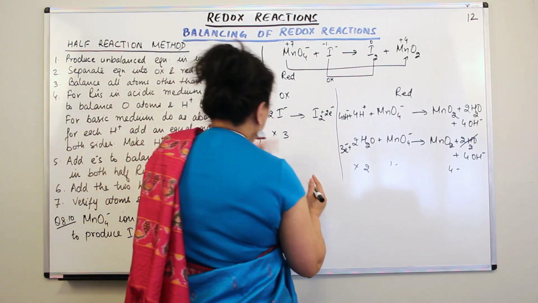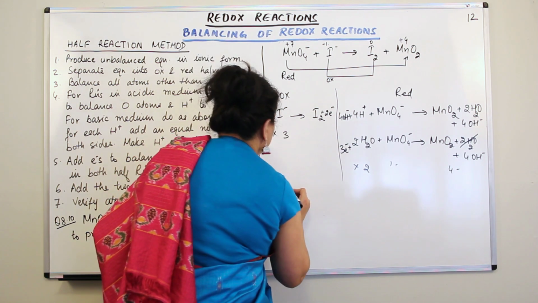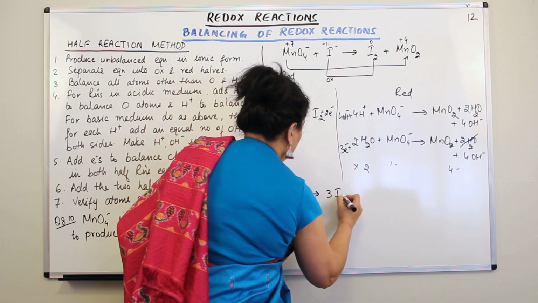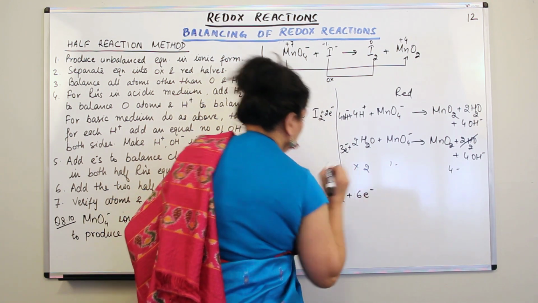So if you multiply this by 3, 3 2s are 6 iodide ions will give you 3 iodine plus 6 electrons.